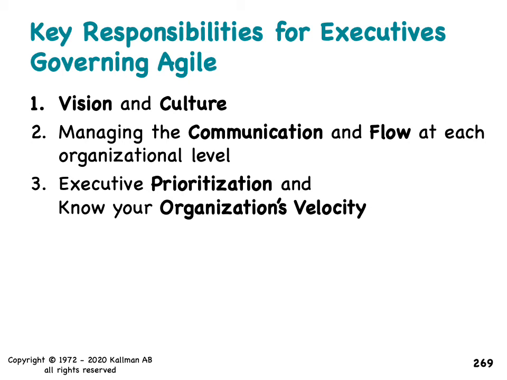How much demand is there for products and projects and programs to be completed, and what is our ability to deliver those and supply what the organization needs? So these are still the key responsibilities for the executives who are going to be governing Agile, and I consider these absolutely key for leadership.